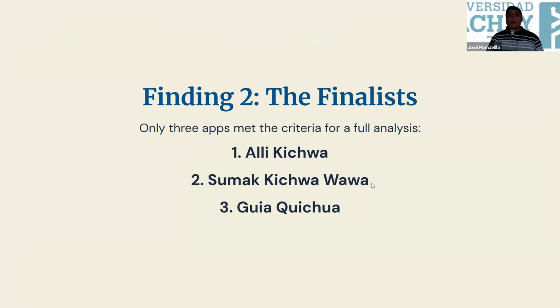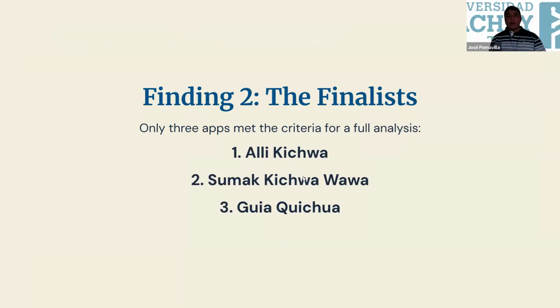So the three finalists, the apps that we can easily download and somehow learn or practice the basics of Kichwa, are these three. Aji Kichwa, whose name is also in Kichwa, which would be like good Kichwa.